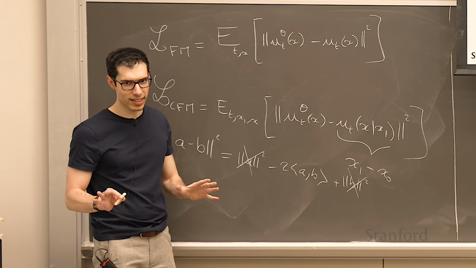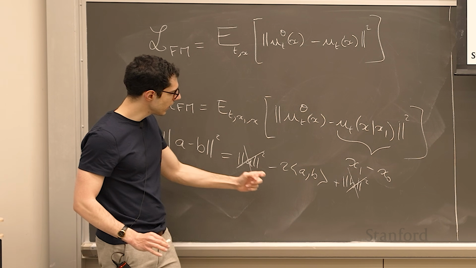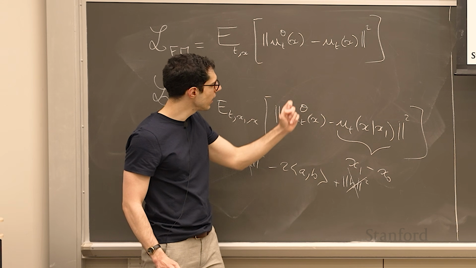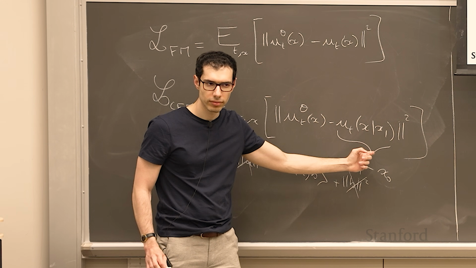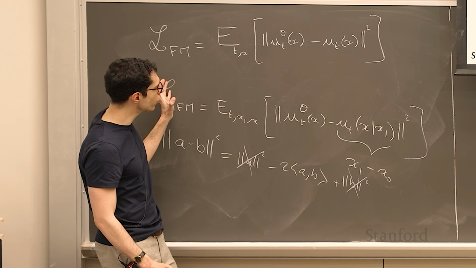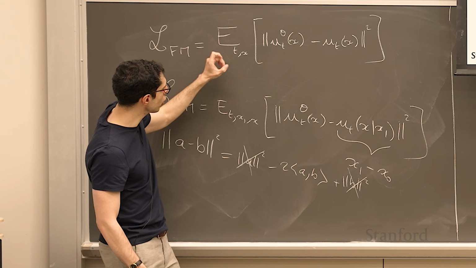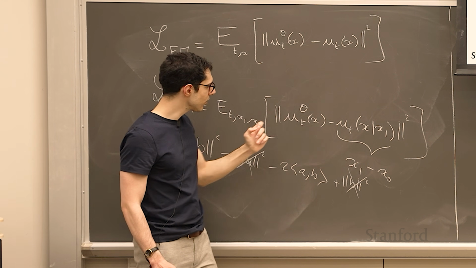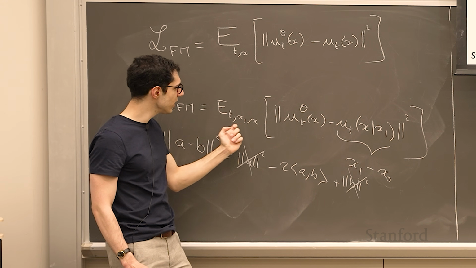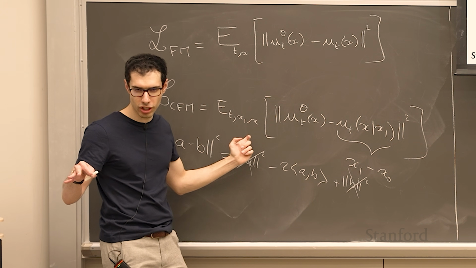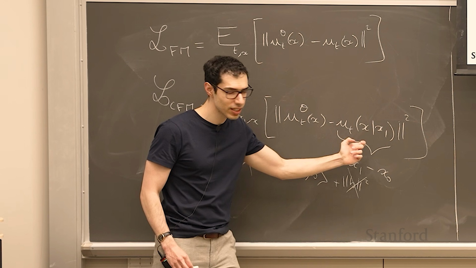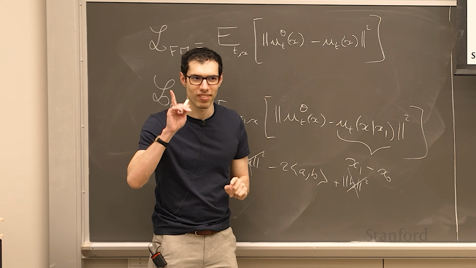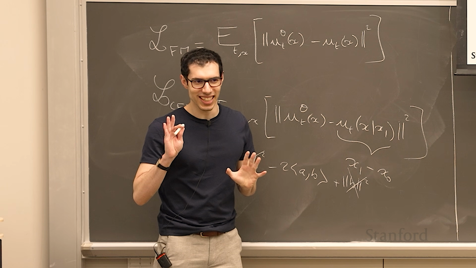The only thing that is different between these two is the dot product of A and B. What we want to show is that the expectation over t and x of this dot product is the same as the expectation over t, x1 and x over the conditional probability path of this and this one. We want to show that these two are the same. I'm going to do this in 2 minutes.